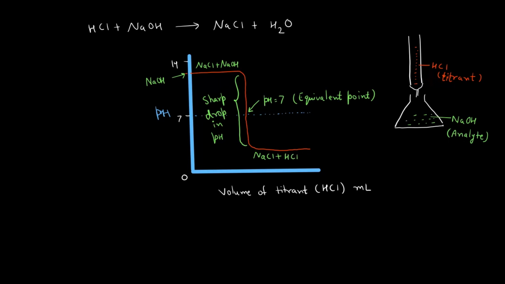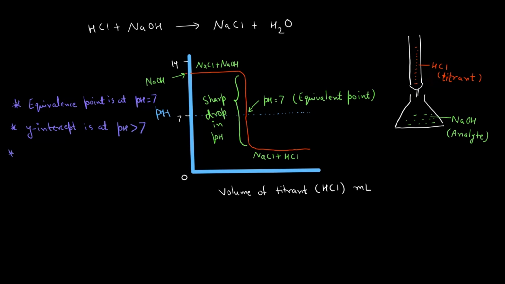So what are the salient features of this curve? The salient features of this curve are: the equivalence point is at pH equals 7. Second, our y-intercept is at pH greater than 7.